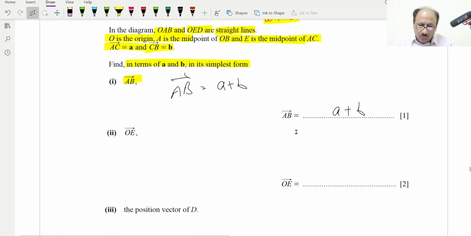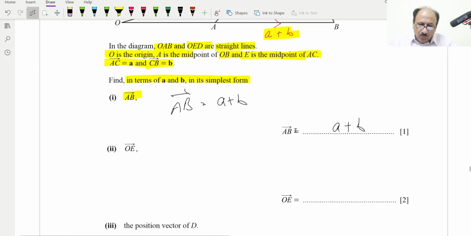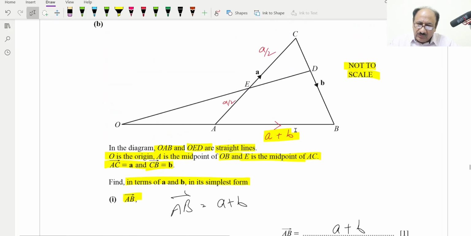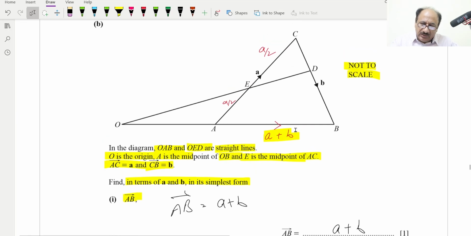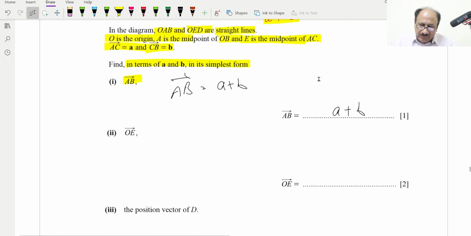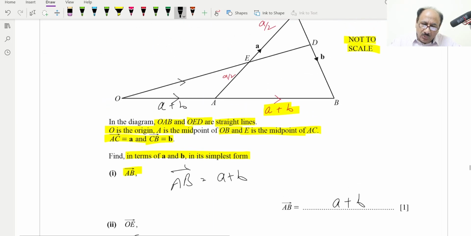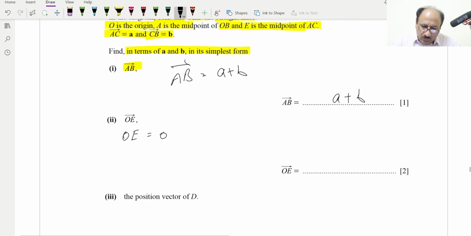Then they are asking for OE. OE is from here. This is also like a plus b, and we need OE. So OE is equal to OA plus AE, and these are vectors.